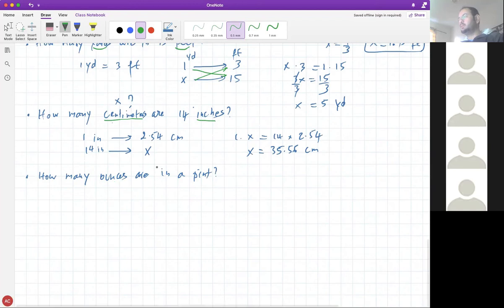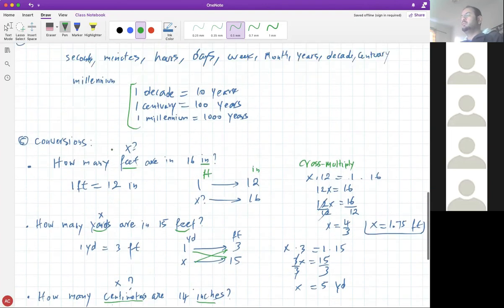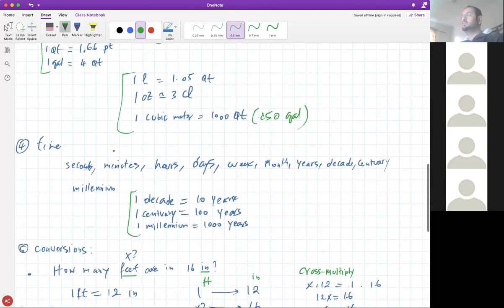Actually, not in a pint, but in, let's say, 3 pints. So how many ounces are in 3 pints? Again, see if there is a formula. If you have a formula that links ounces to pints directly, you can use it the same way we did. If not, we may have to use an alternative formula.